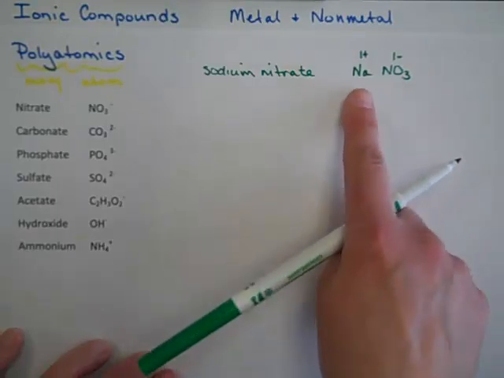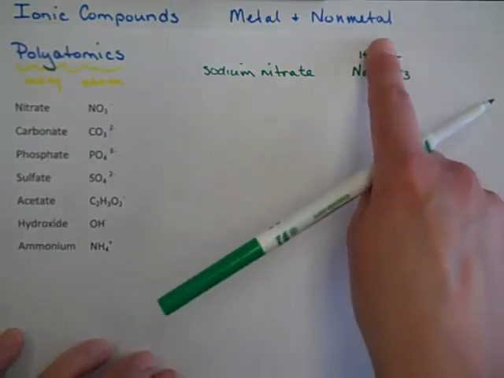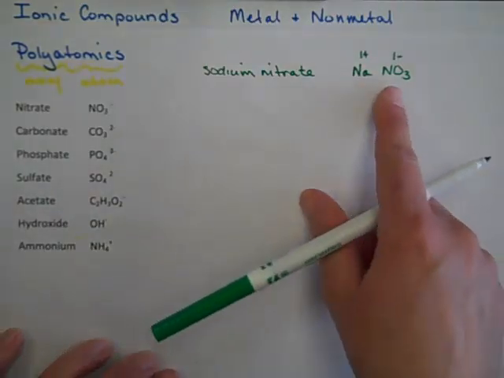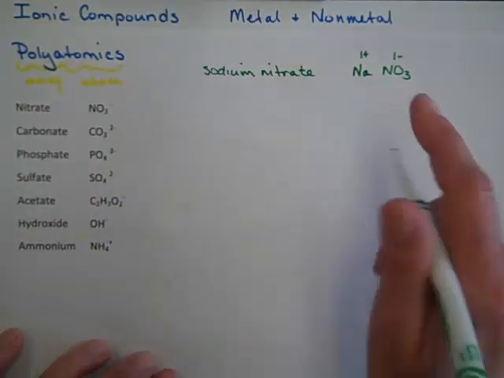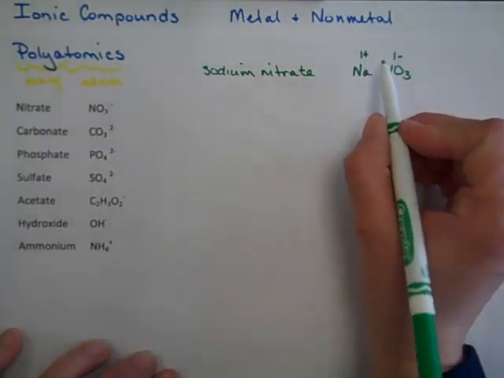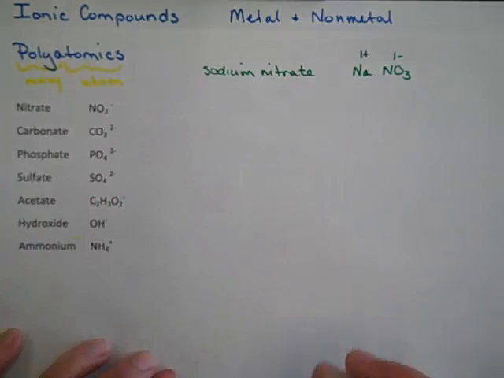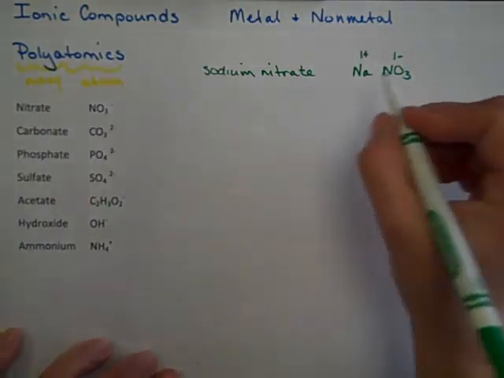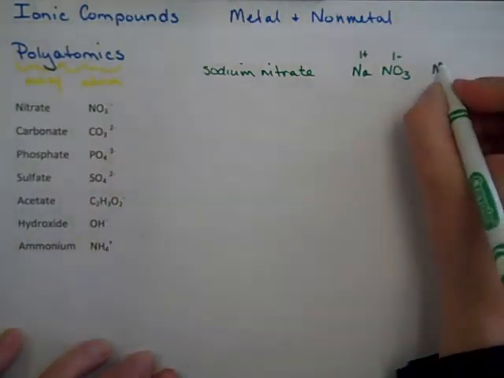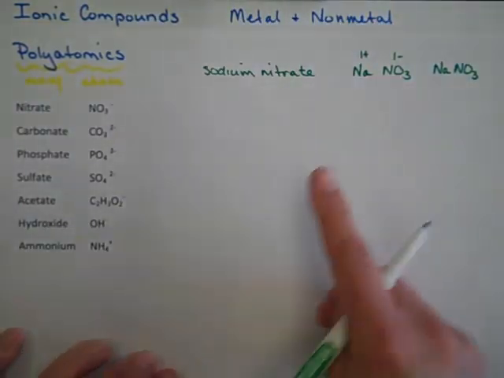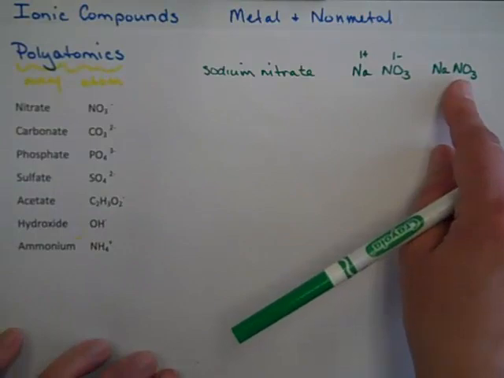Okay, so what we have is one sodium atom bonding with the nitrate ion, the nitrate polyatomic ion with nitrogen and 3 oxygens. So we have a +1 here and a -1 here. We're still doing ionics, and so we still have the charges to worry about. So we have 1 positive and 1 negative. So what we have is sodium nitrate.